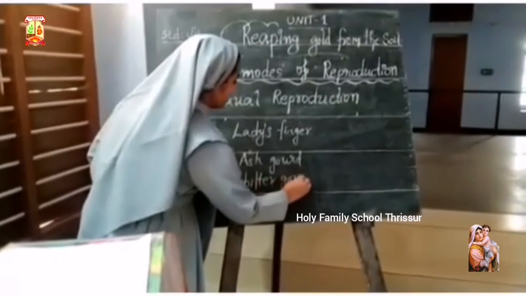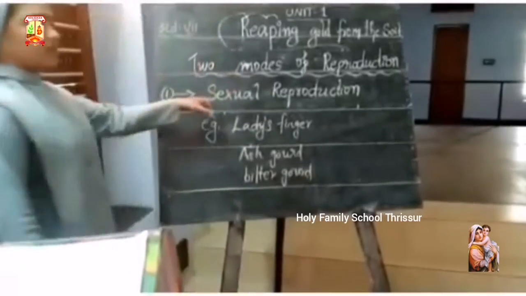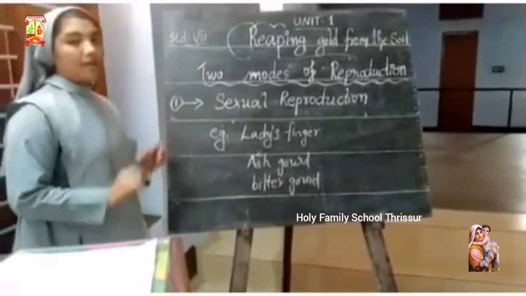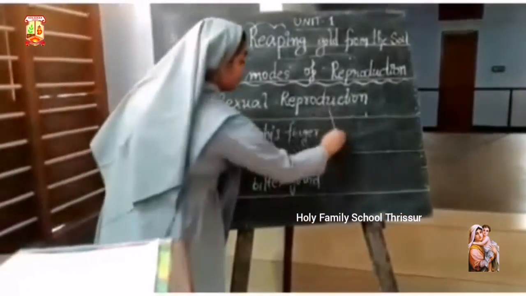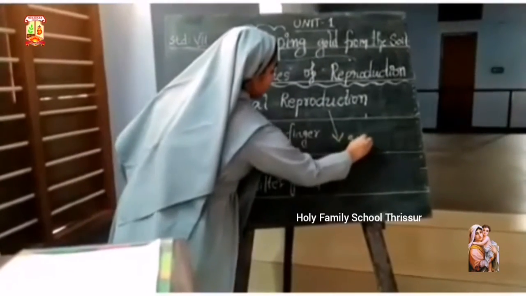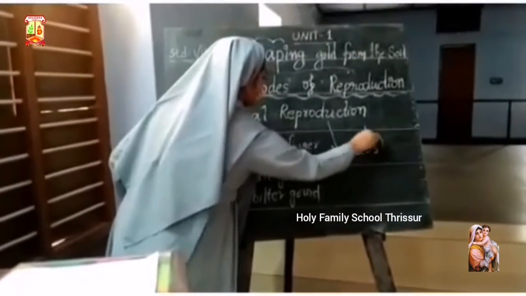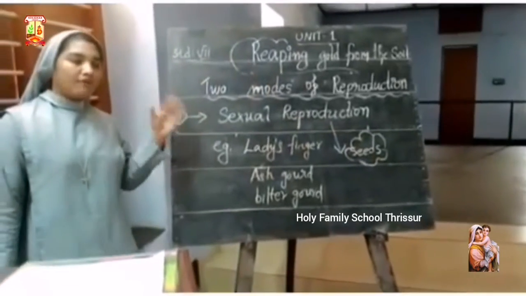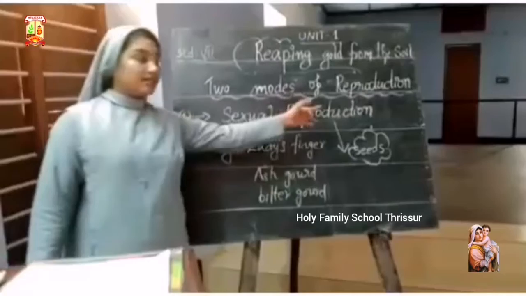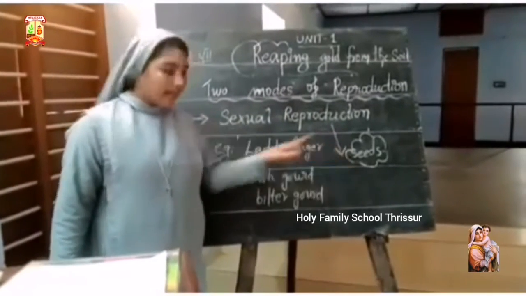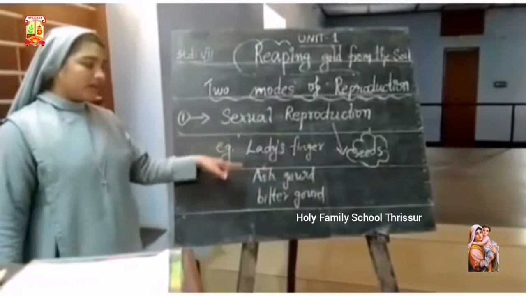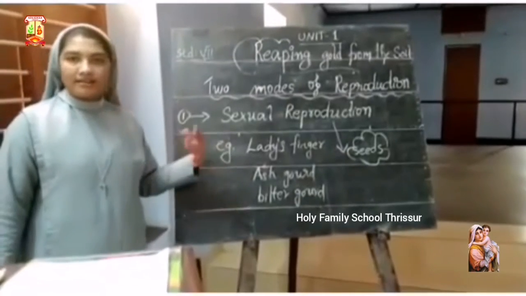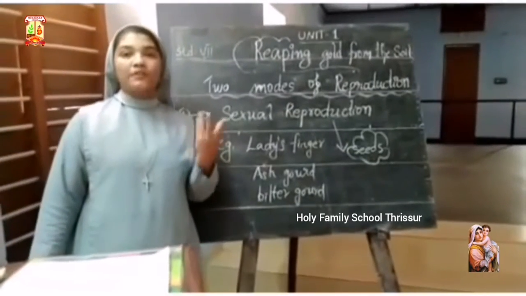In sexual reproduction, the saplings are produced from the seeds. That is, saplings are produced from seeds.